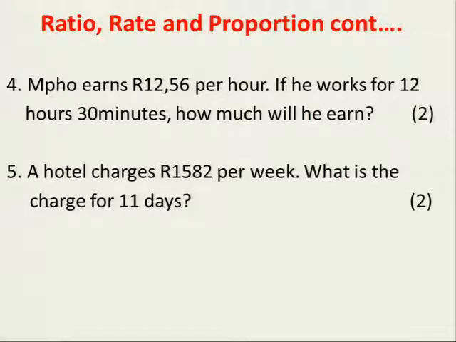What is the charge for 11 days? So now there you can see that we have weeks and we have days. So now where do we start? 1,582 per week. And then we have 11 days.